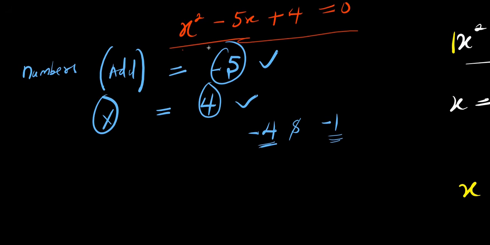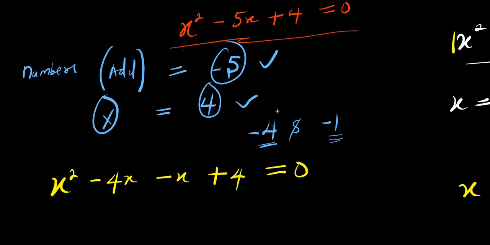Now, let's insert it right here in respect to x. We have x squared minus 4x minus x plus 4 equals 0. We have made use of this and attached x's because we are dealing with the x variable here.